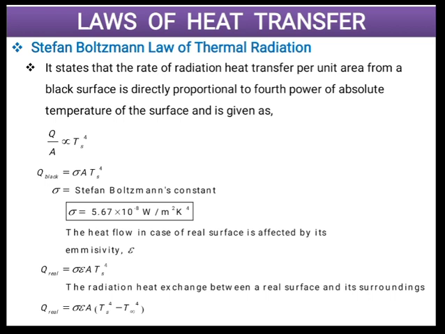This is particularly for a black body, but when we are dealing with real surfaces which are not exactly black, which do not completely absorb or completely emit the radiation, then we need a physical parameter known as emissivity. We always multiply this with the heat transfer rate. So for real surfaces, the heat transfer rate by radiation is given as epsilon sigma A Ts raised to 4.